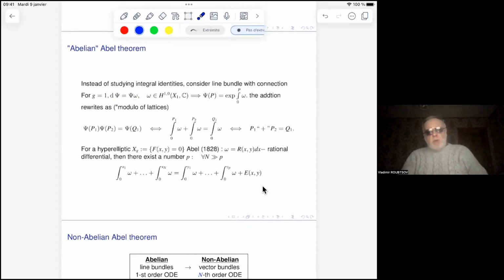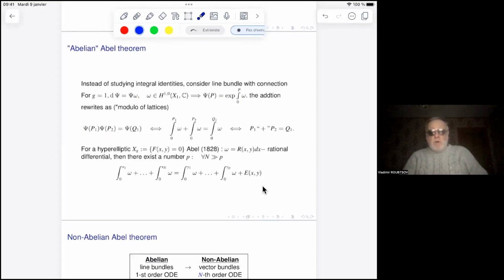And then the solution of this differential equation, psi at the point P, is an exponential, which gives a very clear, explicit explanation of why this law is really an addition law, which can also be related to the multiplicative form of this law.